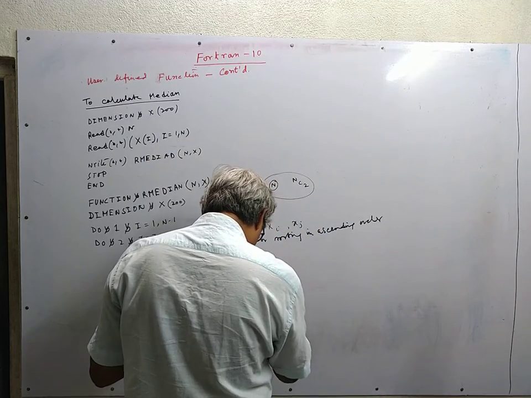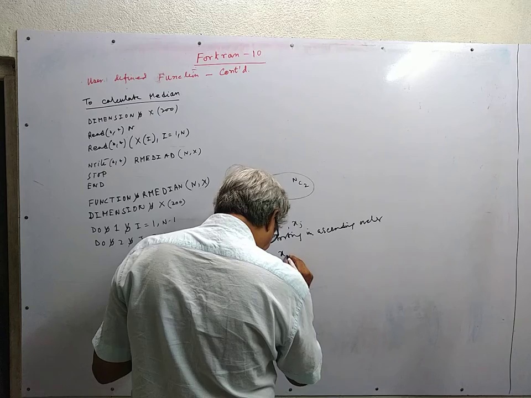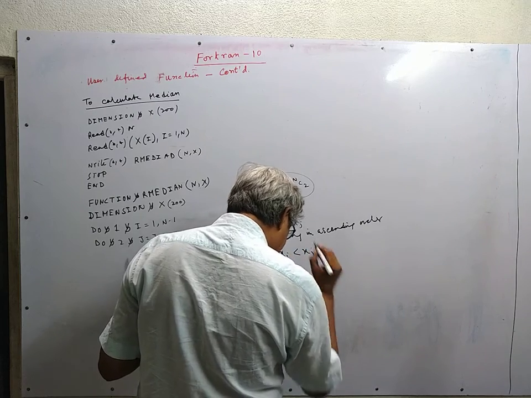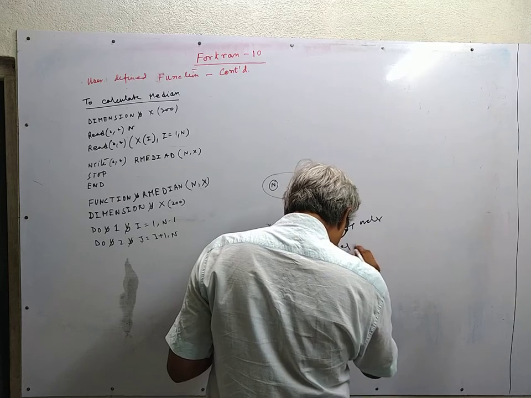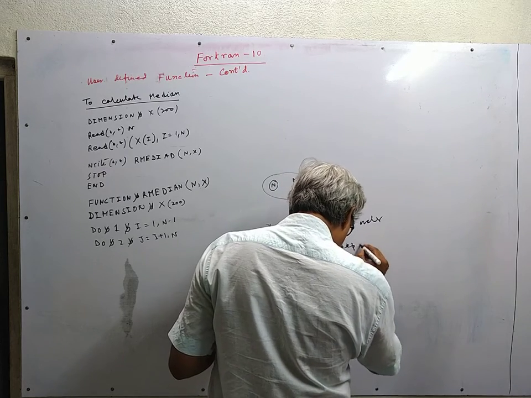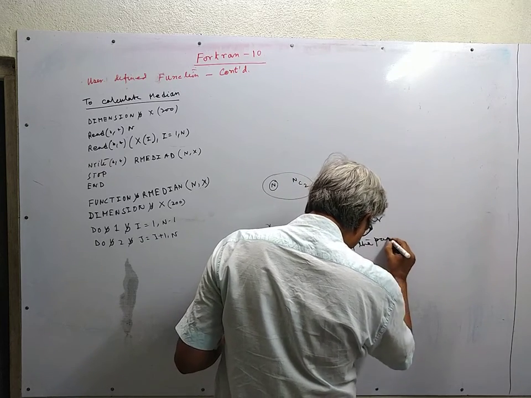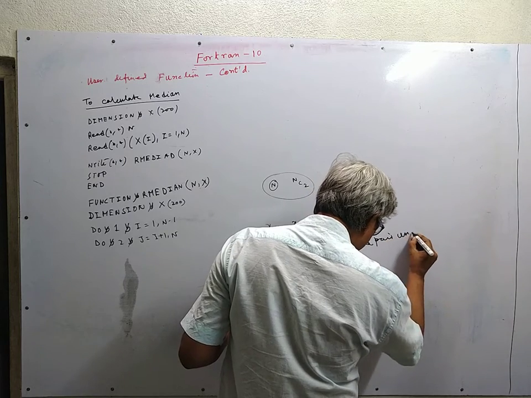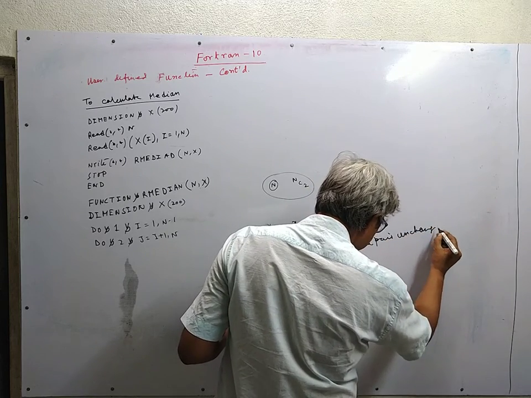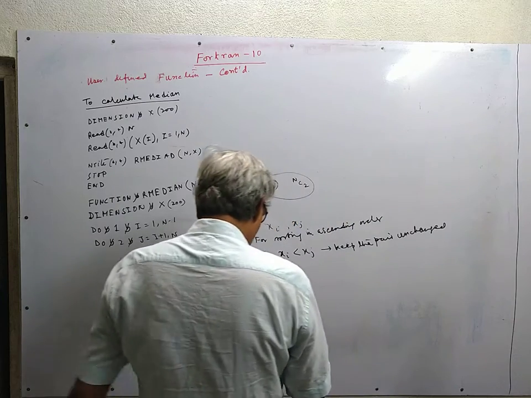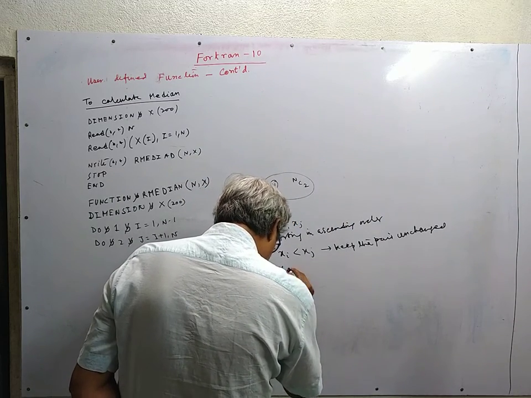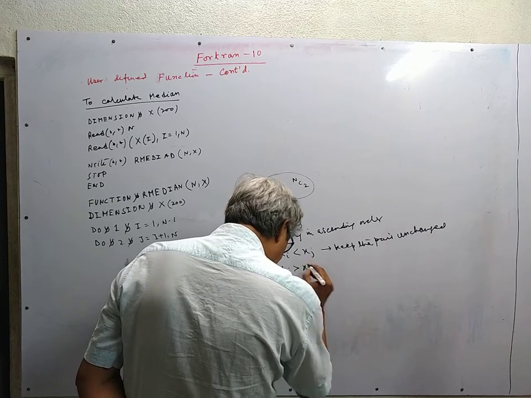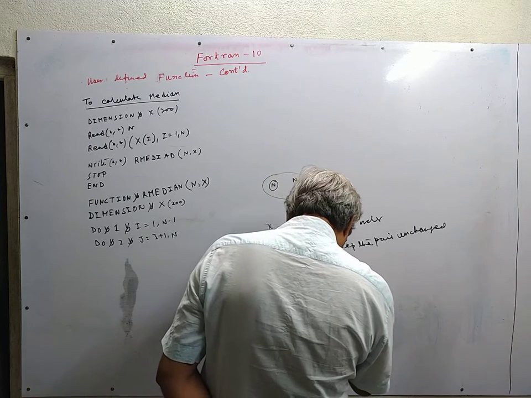If xi less than xj, keep the pair unchanged. If xi greater than xj, exchange the pair.